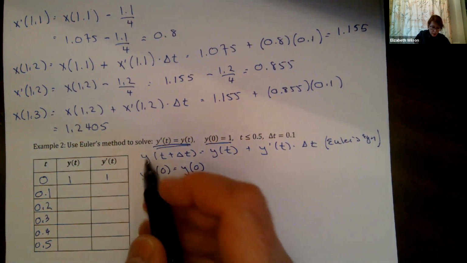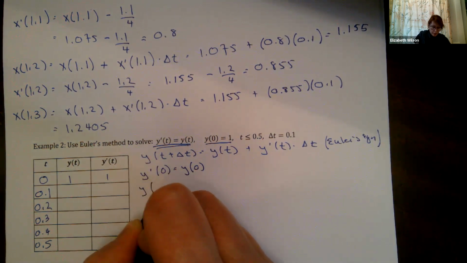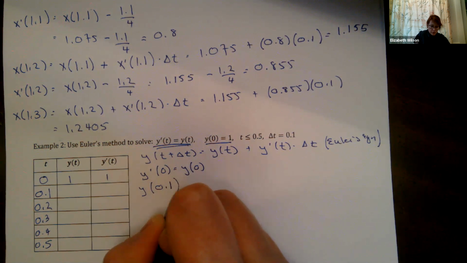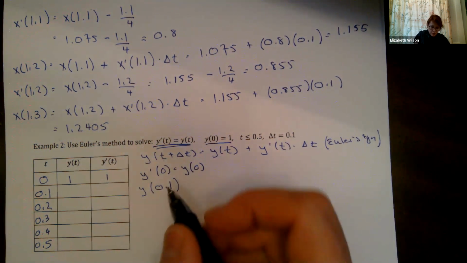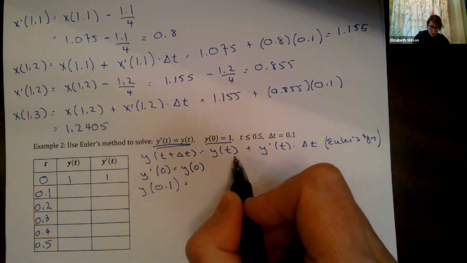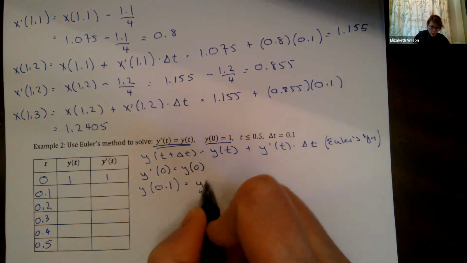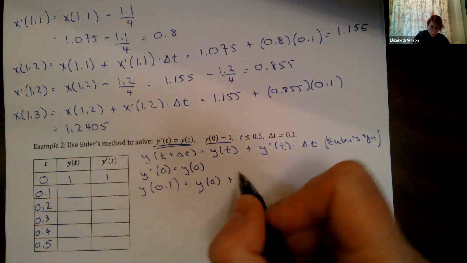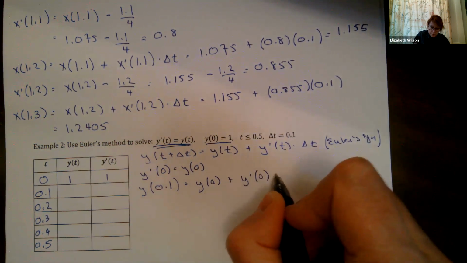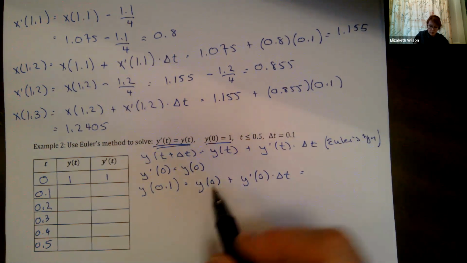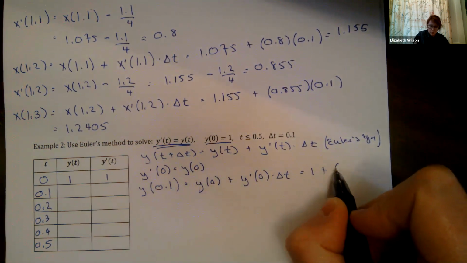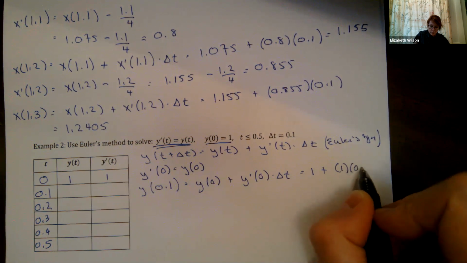Now I need to use my Euler's equation to calculate 0 plus 0.1, to give me y of 0.1. Euler's equation says our current value, y of 0, plus y prime of 0 times delta t, which is y of 0, 1, plus 1 times delta t, 0.1.